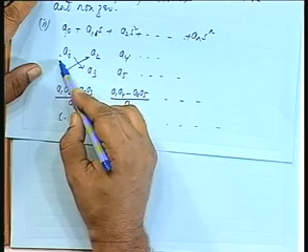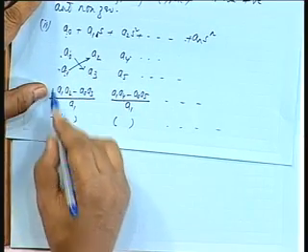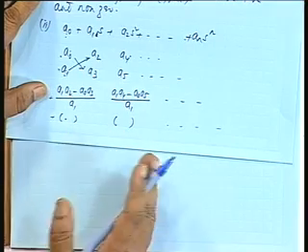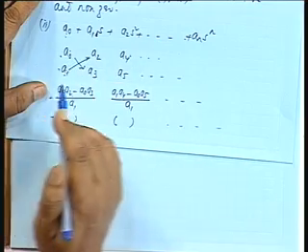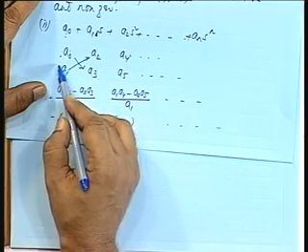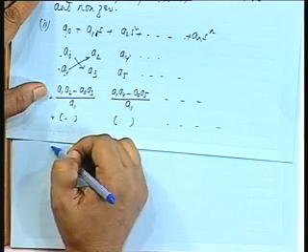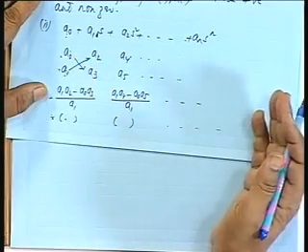This is positive, this is positive, this is positive, this is positive. If all of them are positive, then all the roots are in the left half plane. If you find there is a sign change, the number of times the sign is changing here will give you the number of roots lying in the right half plane.